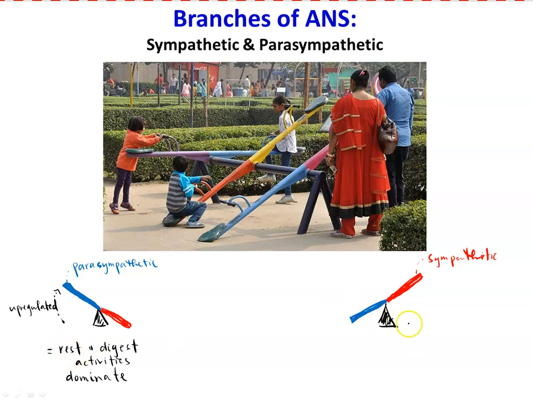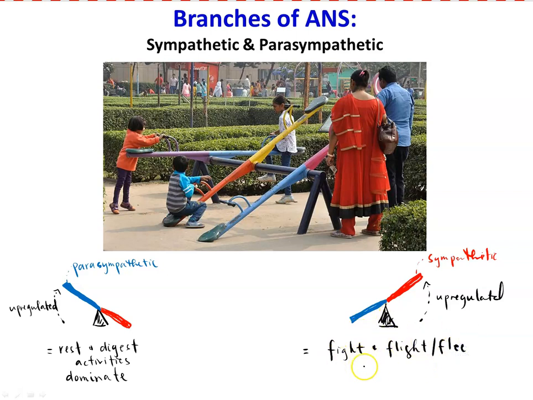Now, let's go to our other seesaw. Now here, what is upregulated? The sympathetic system is. Okay, so in here, when the sympathetic nervous system is upregulated, this is all your fight and flight responses. Sometimes you'll hear me say fight and flee. It's the same thing. You're running away. Okay, flight, flee.